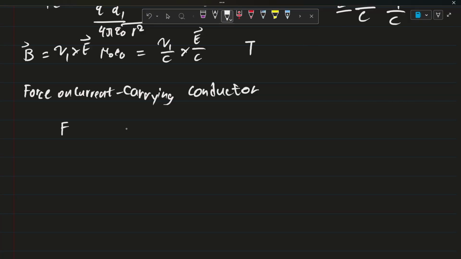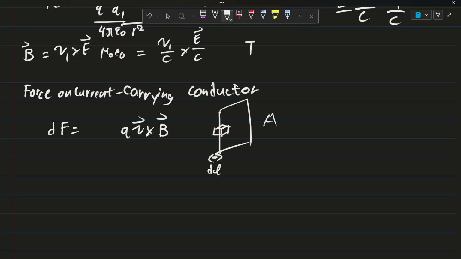The magnetic force is qv cross B. And we can say that this is the force on a very small object, like so. We'll call this dF, with a surface area, which we'll call A, and a width here, which we will call dl. And it's moving in this direction, v.